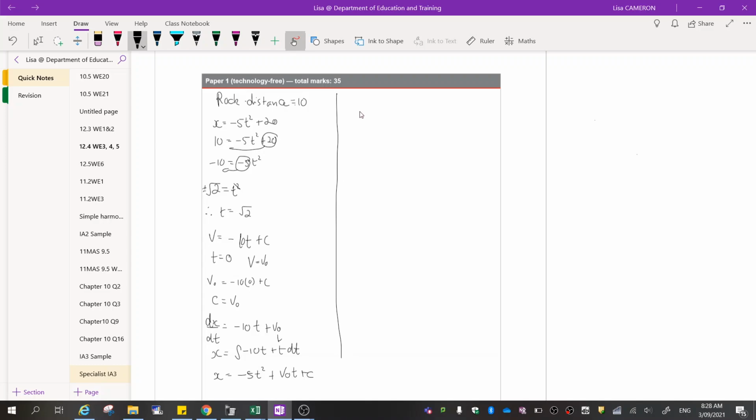Next, we want to let our distance equal 10 and our time equal root 2. The point of doing this is that the only thing left will be our velocity. We have the time and the displacement, and it will solve for the velocity.